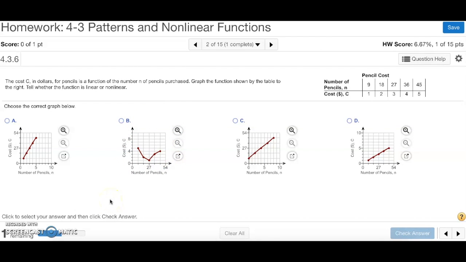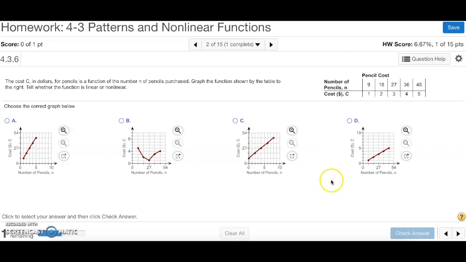So looking at A, C, and D, there are some similarities and differences between them. Now we know that the number of pencils is going to be along the x-axis. So that means going from 0 up to a point where it includes 45 pencils would have to go along the bottom.